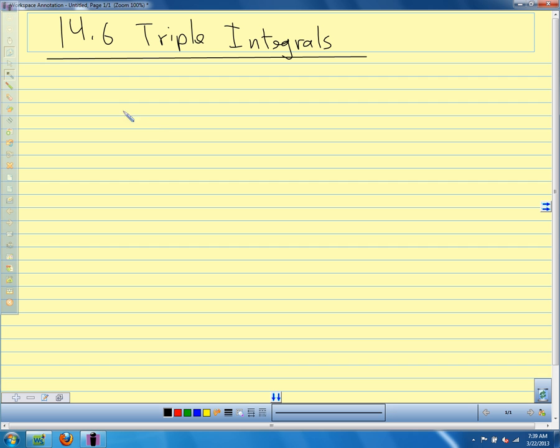The way that we're going to set it up is we're going to say that our function is some function of x, y, and z, and it's continuous on some solid region Q. And we're just using Q to help us remember that we're talking about a solid rather than a planar region.